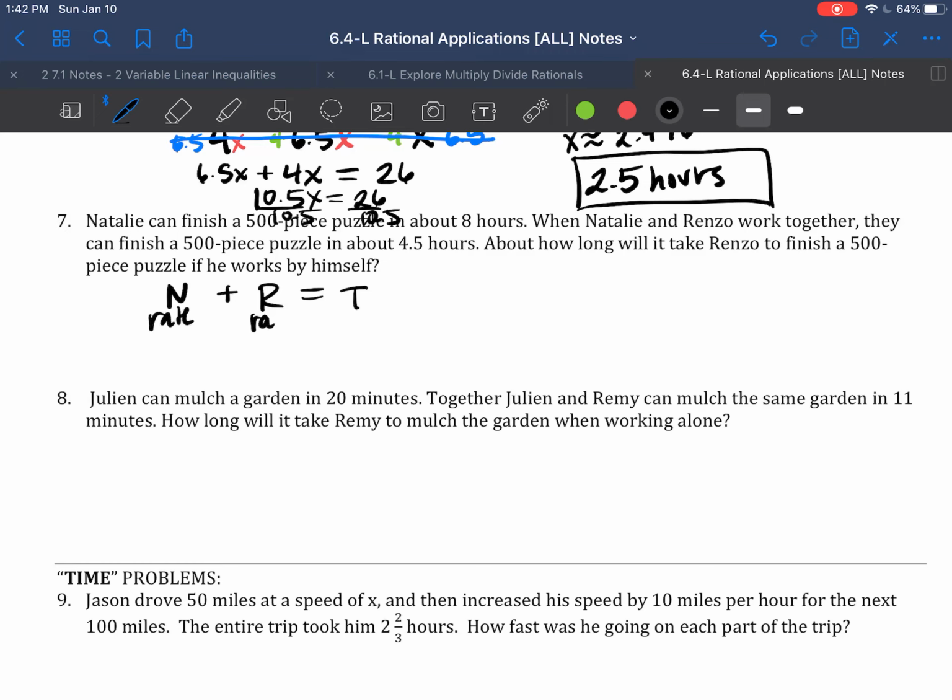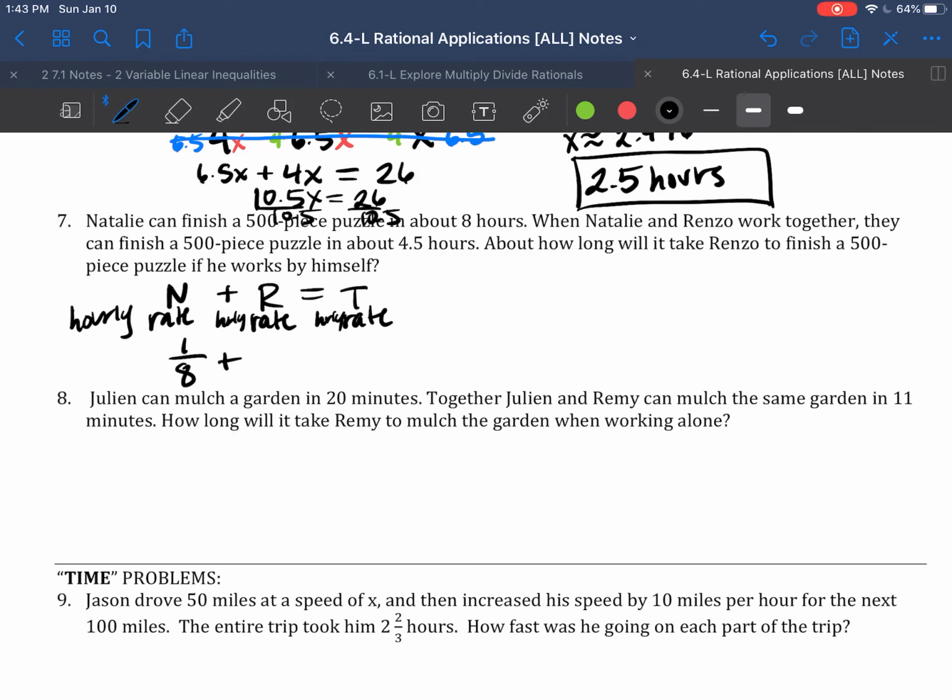These are rates. Okay, and so it says Natalie finishes it in 8 hours, so she's getting 1/8 done every hour. Remember, these are hourly rates because they gave us hours.